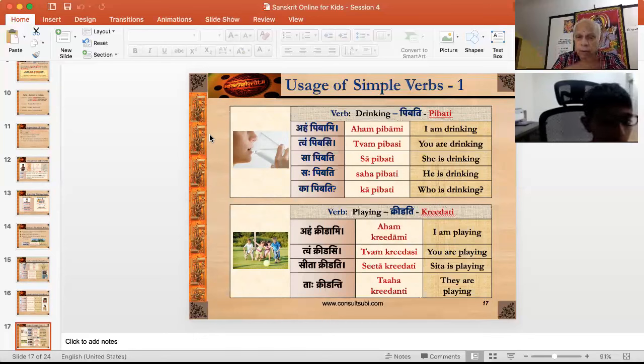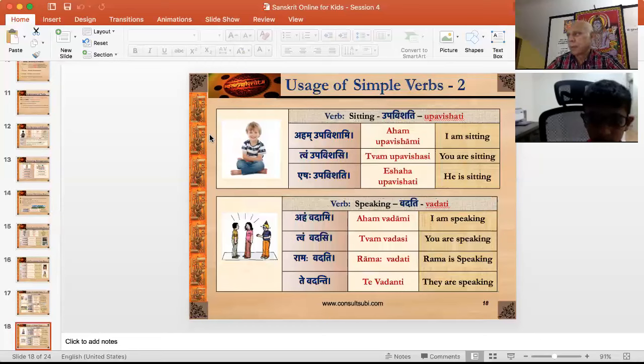It can be me or you or they. But here you have 4 different verbs. Kridami, kridasi, kridati, kridanti. You see the difference? So when you say kridanti, you know it is plural.